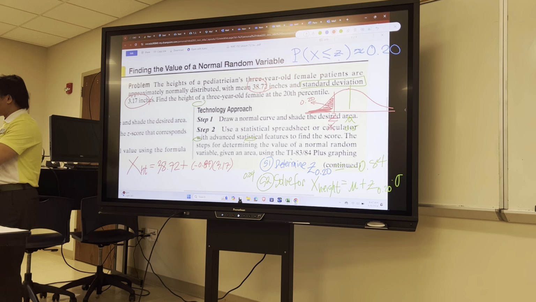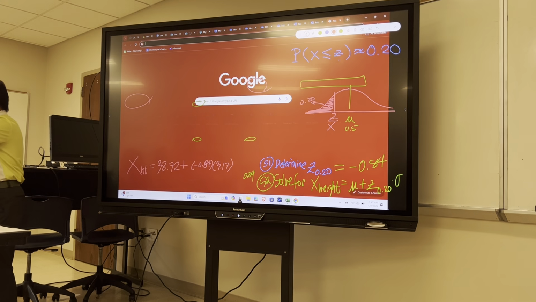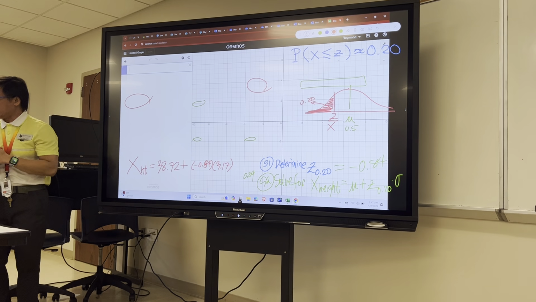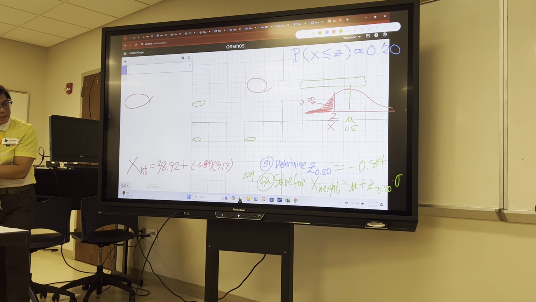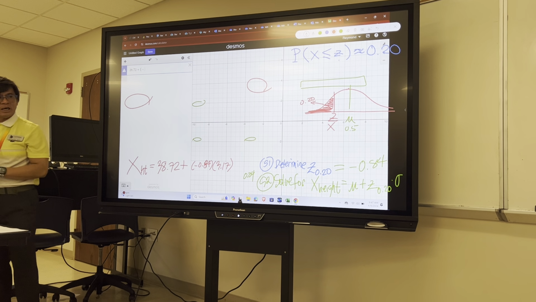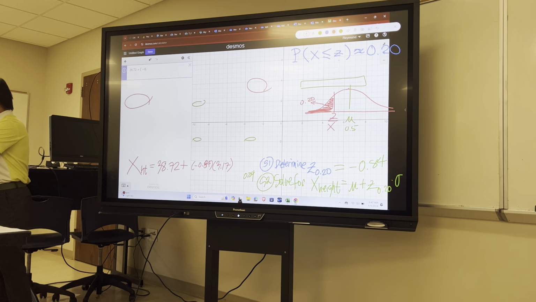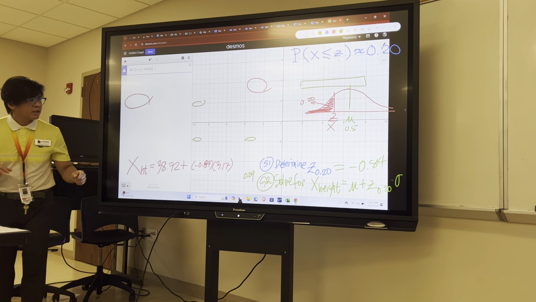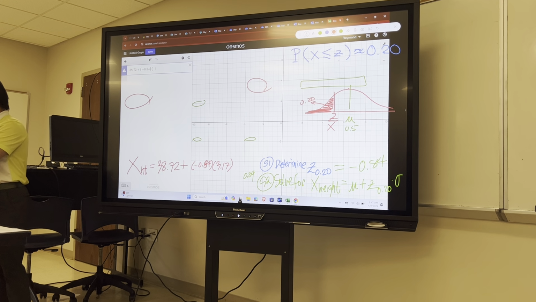Okay, let's use our calculator for this and verify how much that's going to be. 38.72 plus, what's our z again? Negative 0.84. And the next one is 3.70.